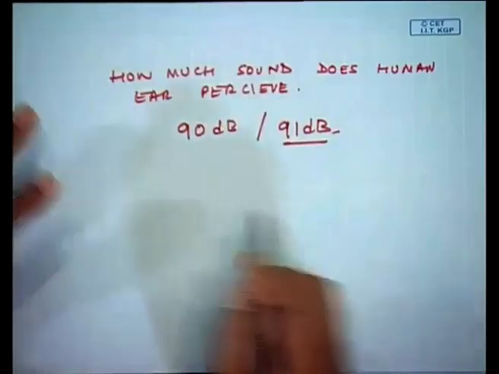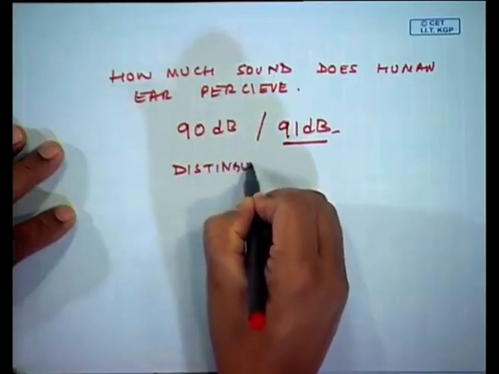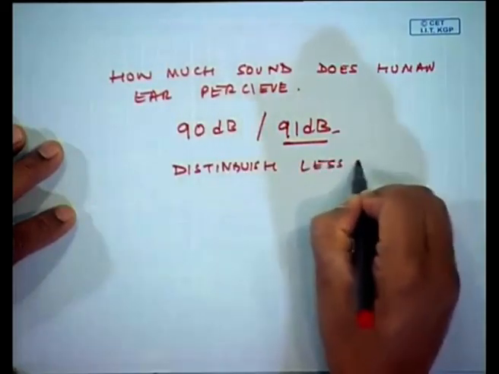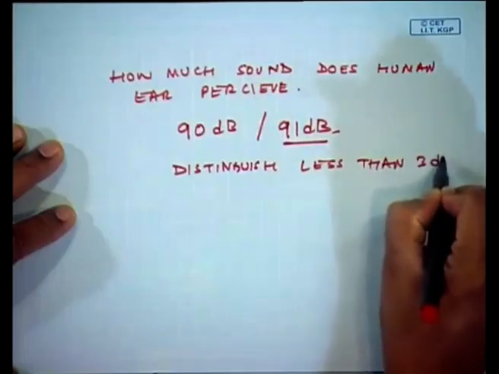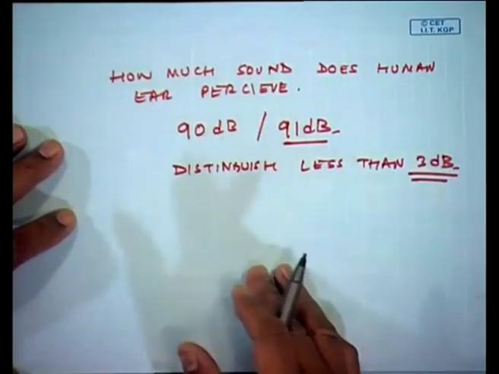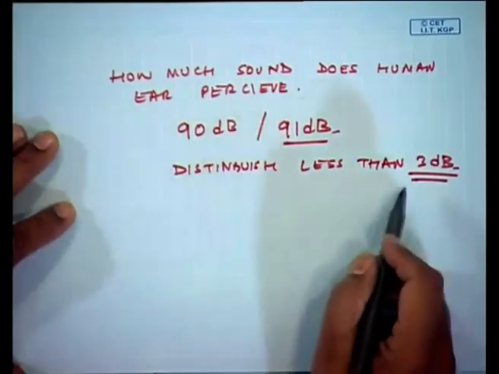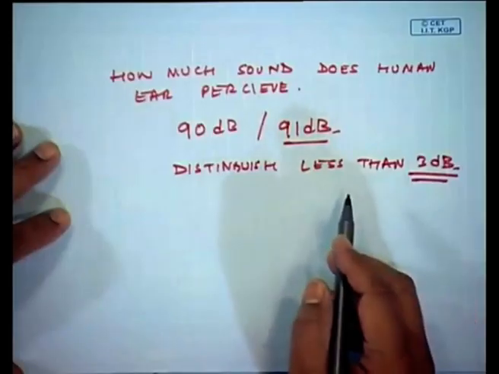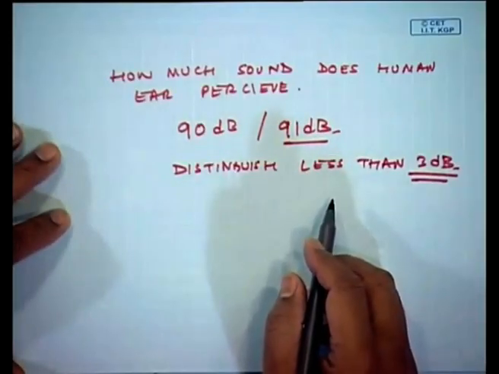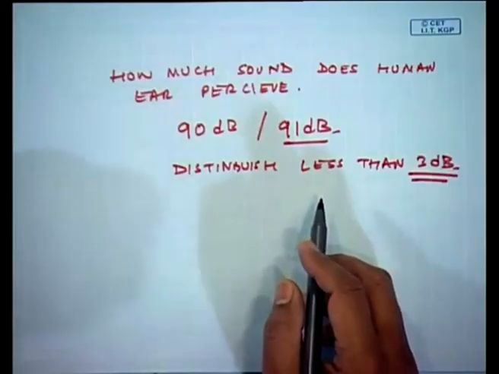A human ear cannot distinguish less than 3 decibel. That's something you have to keep in mind. You would have done a noise control and brought down the level from 92 to 90 decibels, you will not perceive it. Okay. To make a significant difference, it has to be more than 5 decibels. Okay. So, when we talk about alarms, sometimes a mere difference of 2-3 decibels will not be noticed by a human ear. Okay. So, we have to keep that in mind.